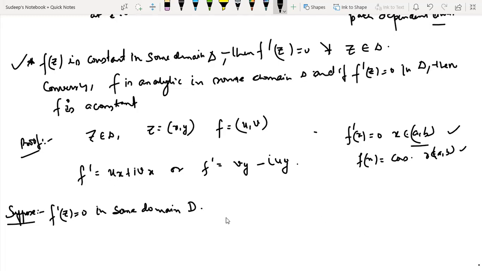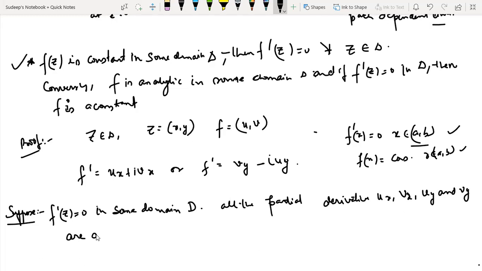All these things are 0. It implies all the partial derivatives, that is ux, vx, uy, and vy are all 0, isn't it? If f dash z is equal to 0 in some domain, then all the partial derivatives are also 0. This is what I want to say.